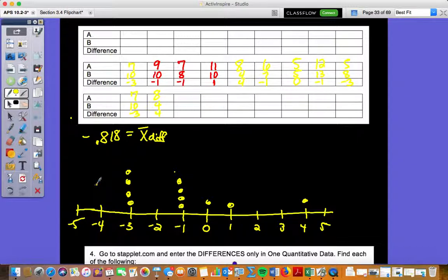Everyone to the left side shows B is greater, okay?